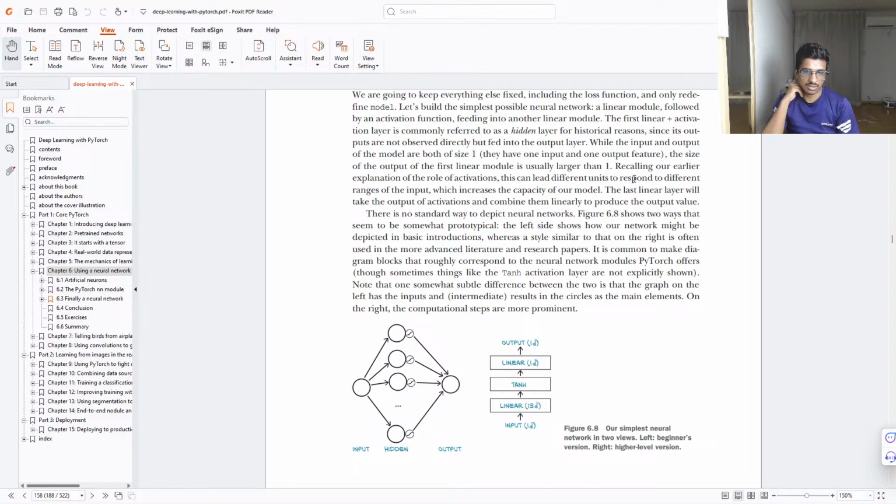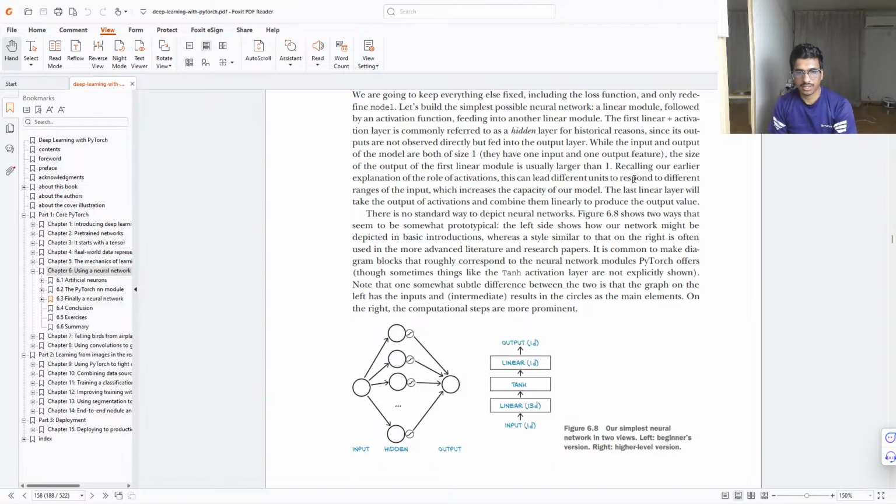There is no standard way to depict neural networks. Figure 6.8 shows two ways that seem to be somehow prototypical. The left side shows how our network might be depicted in basic introductions, whereas a style similar to that on the right is often used in the more advanced literature and research papers.